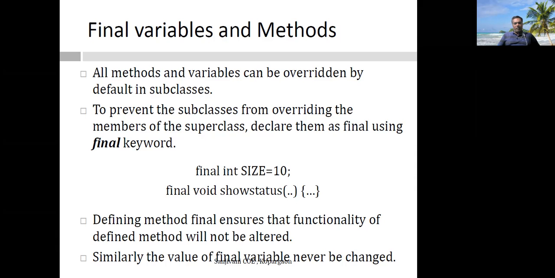You just have to specify the final keyword before the type of the variable, and during the declaration of methods also, we have to define the method as final. Defining a method final ensures that the functionality defined inside the method is not altered anywhere. When a variable is declared as final, the value of that variable is a constant throughout the program.